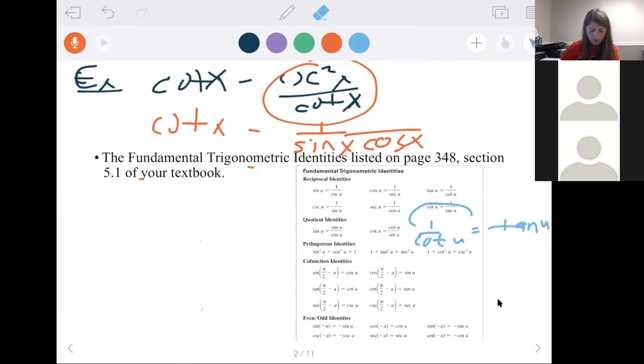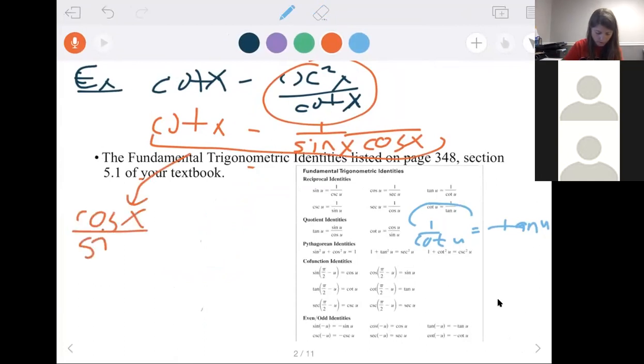All right, so let's go for the idea of breaking apart our cotangent. If we rewrite it, we're going to rewrite it as cosine over sine. So all of this piece is what I'm going to be working with. So cosine x over sine of x. And then we have the reciprocal of the product sine x cosine x.